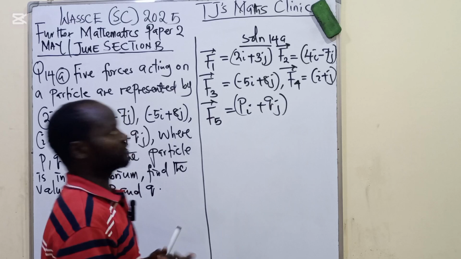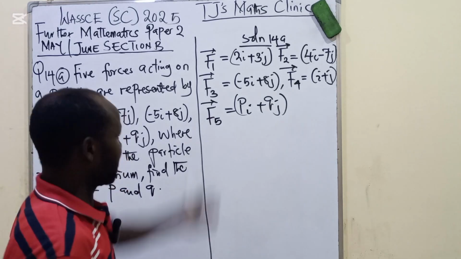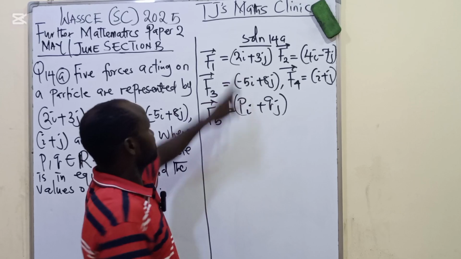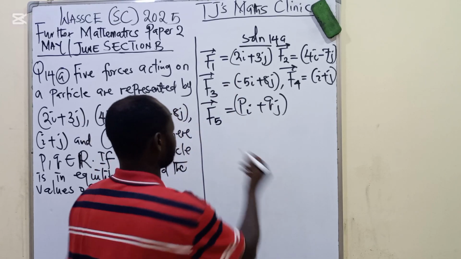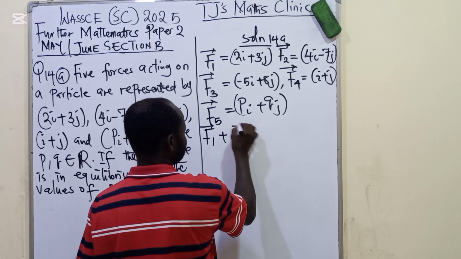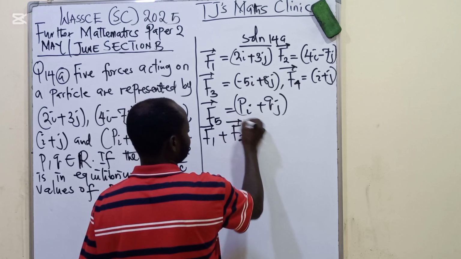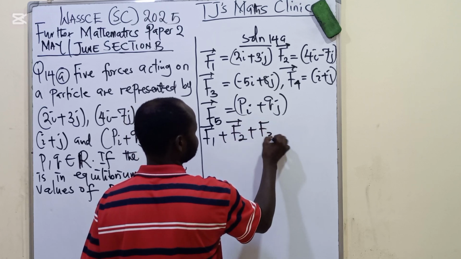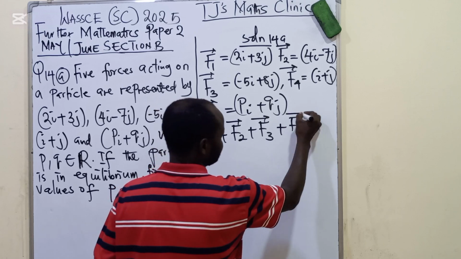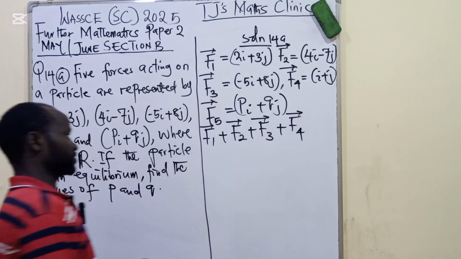We will sum them based on their components, the i component, i to i, j to j. So it means we'll add the summation of the forces. Now that will be F1 plus F2 plus F3, then plus F4. As I said, force is a vector quantity.